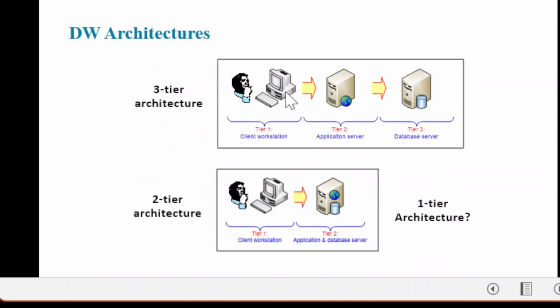This is a three-tier architecture where we have the client workstation accessing the application server, and then the database server here. In a two-tier architecture, the client workstation is here, and the application and database server are combined. Or a one-tier architecture where everything is in one server.